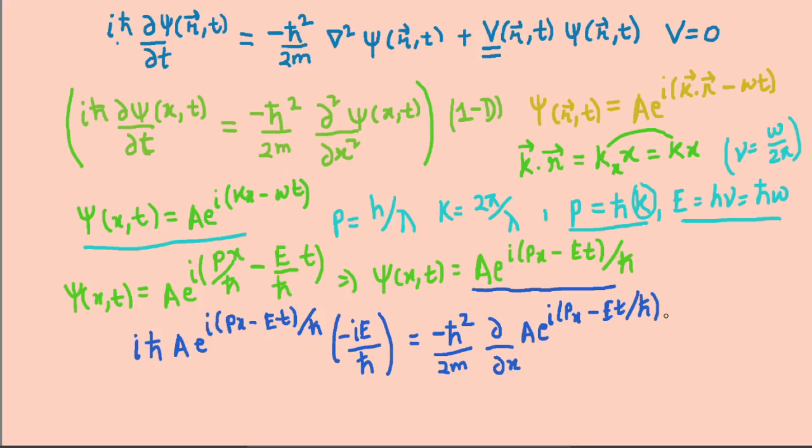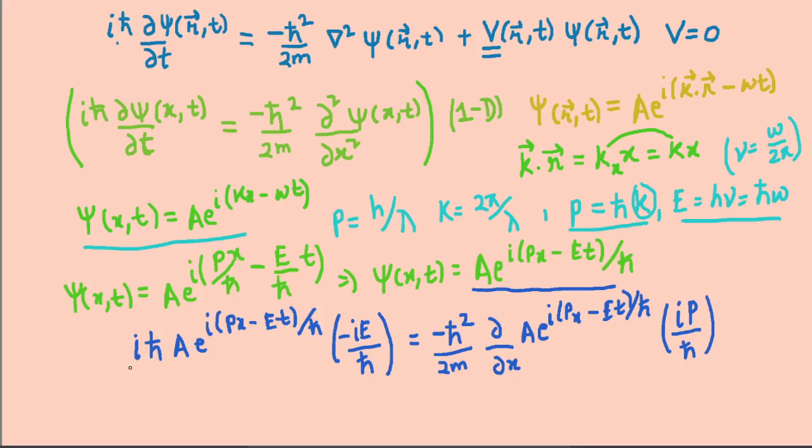Differentiating with respect to x, we get ip by h bar, this part. This is just simple differentiation, this part and this part.